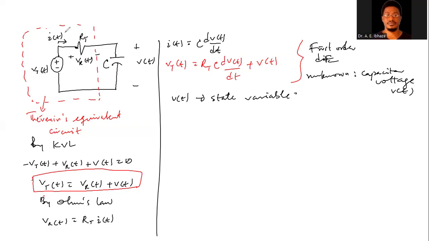Okay, so the thing that determines the state or the behavior of the circuit is the capacitor voltage.